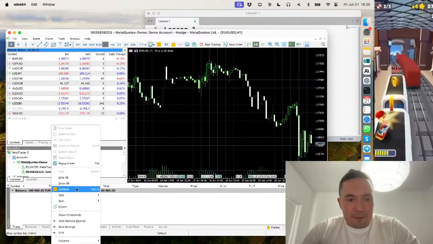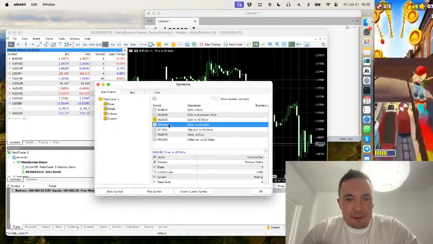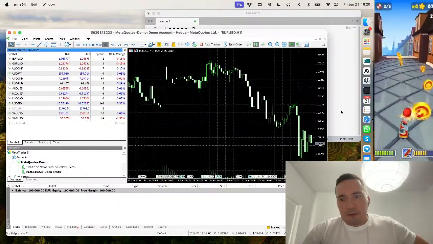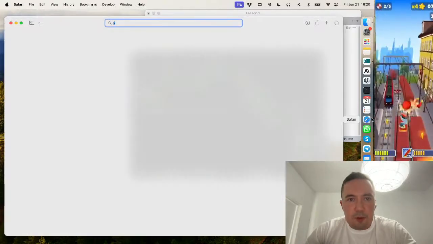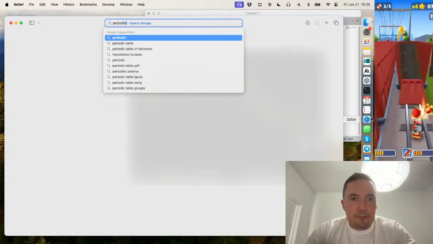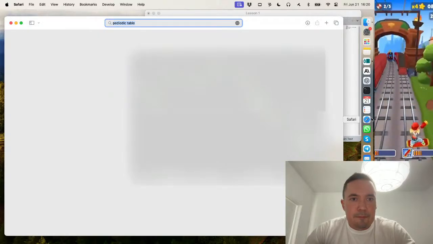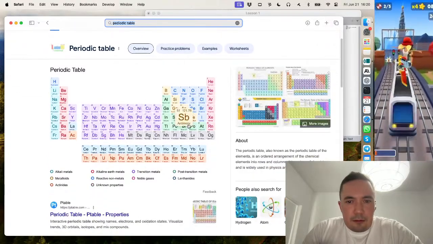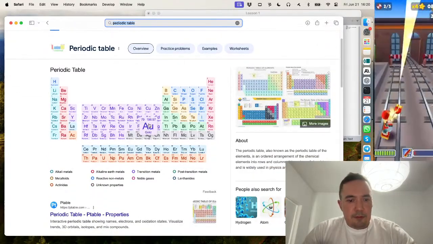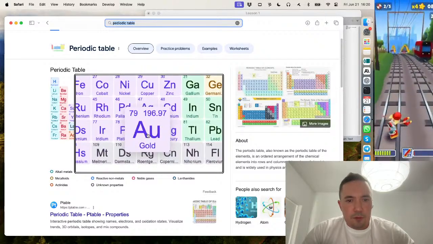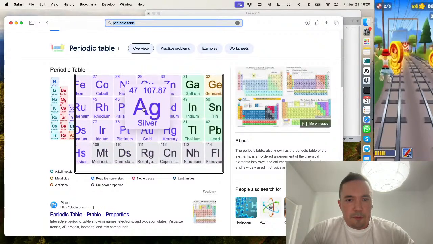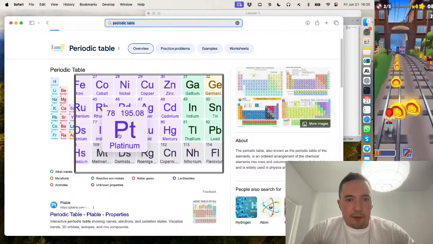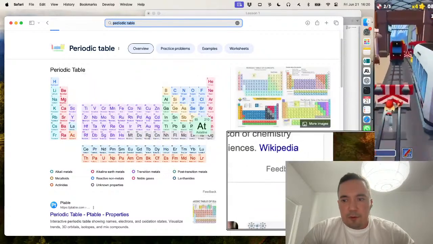What is silver? Silver is AG. I'm not sure if everybody knows the periodic table. Gold, where is it? Here it is. AU is gold, silver is AG, platinum is PT, for example.